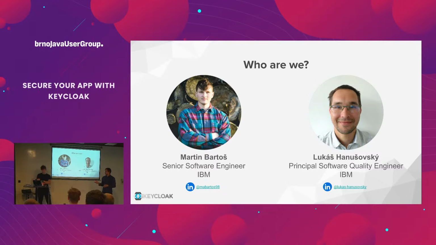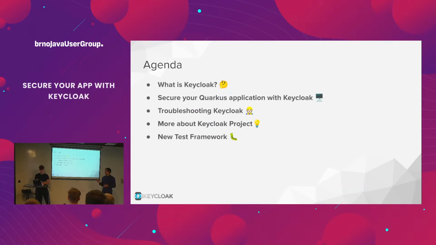For today's agenda, we prepared 5 chapters, a little bit about Keycloak, what is Keycloak, also what are new features in Keycloak. Then Martin will show you 2 demonstrations. One is how to integrate Keycloak application with, in this case, Quarkus extension, and the second is about observability in Kubernetes cluster.